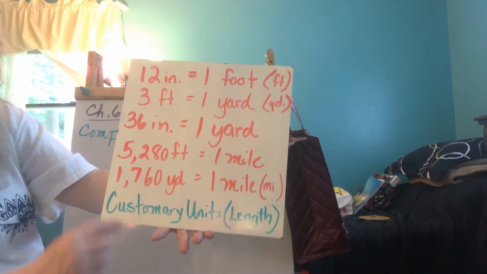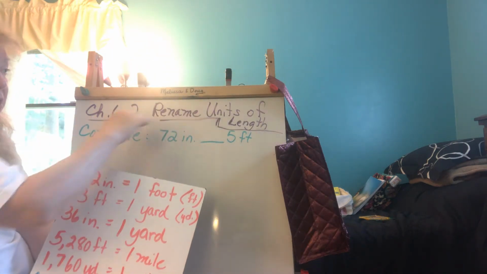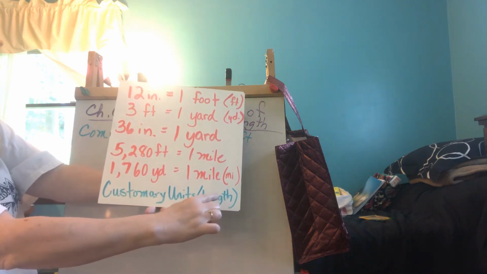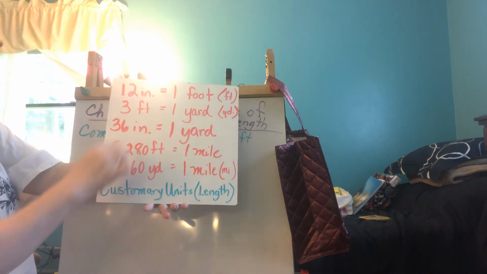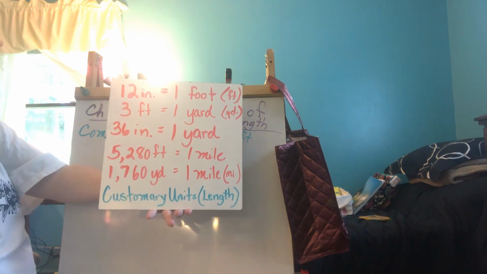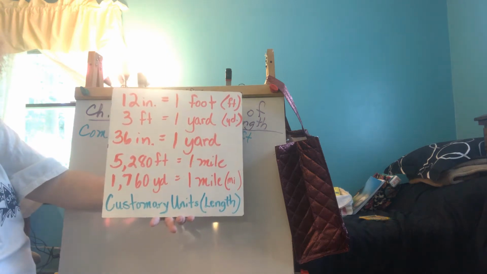So you're going to pause the video, copy the purple, skip a line, the green, skip a line, the red. And when you have all of that done, then you're going to restart the video. Okay, pause the video now.